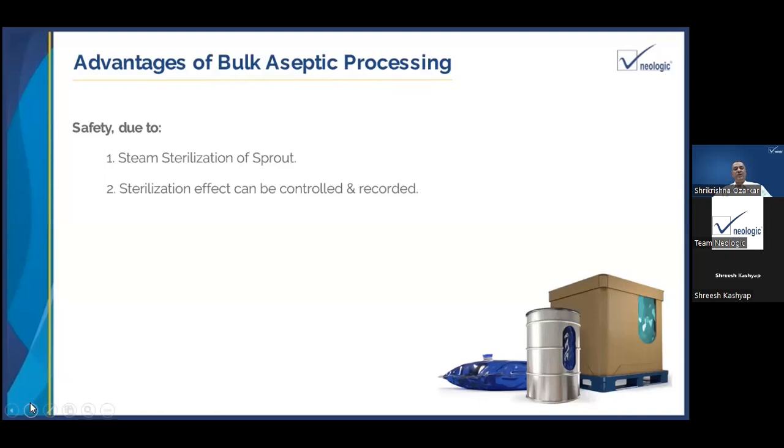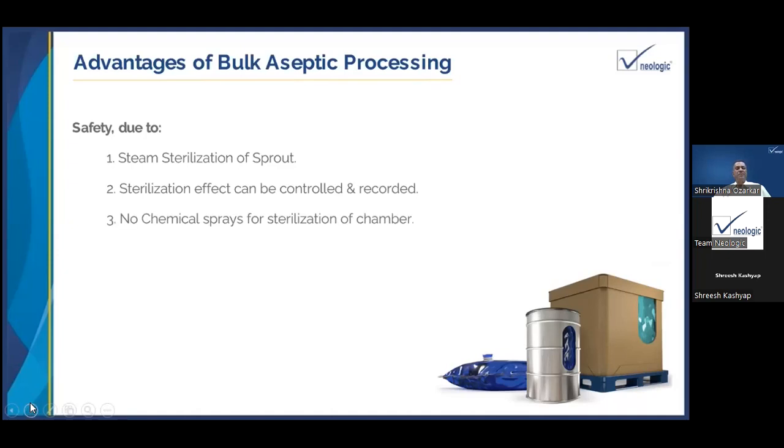Very important, because we are able to measure the exact temperature at the time of sterilization, and the time when the holding is taking place, so that we can record the sterilization cycle in that particular batch. So the control over temperature and time has been one of the major aspects in the evolvement of the aseptic line.